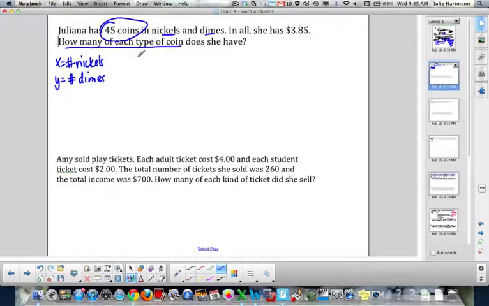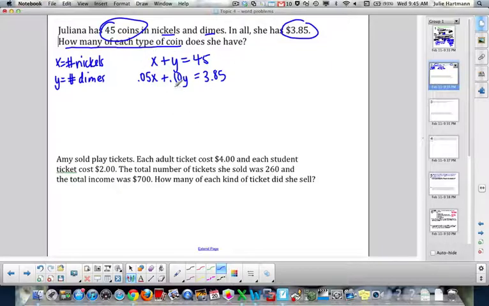45 coins in all. Okay, so the number of nickels plus the number of dimes has to equal 45. And in all, $3.85. So each nickel is 5 cents, each dime is 10 cents. So 5 cents times the number of nickels, plus 10 cents times the number of dimes equals $3.85.